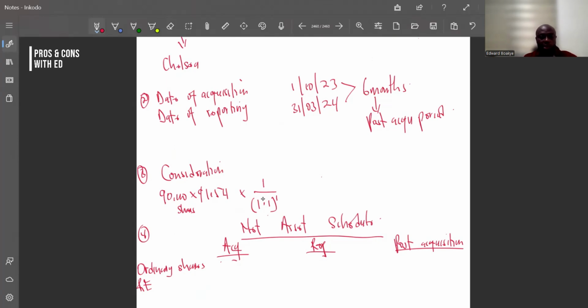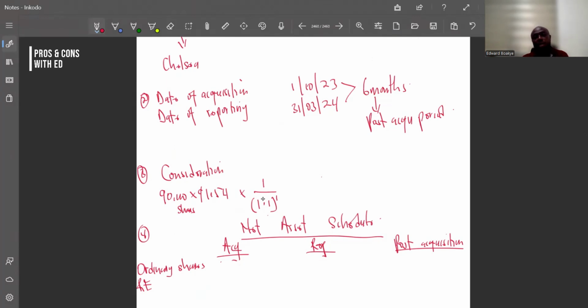We'll use the ordinary shares. And we even explained why we are using the equity side instead of the asset side, isn't it? For the asset, you will not get the beginning and reporting, but for the equity, you get the beginning and reporting. And we also mentioned that your net asset is the total asset less outstanding liabilities.